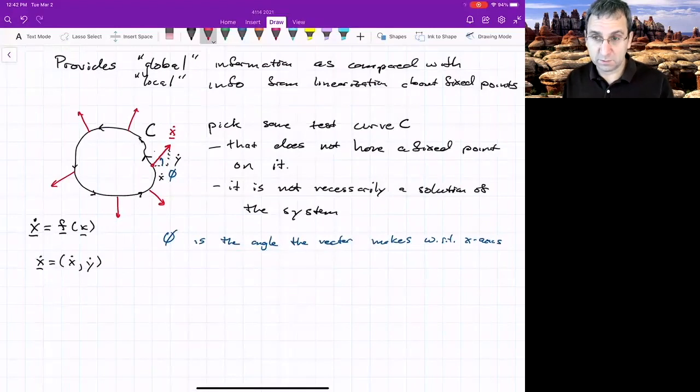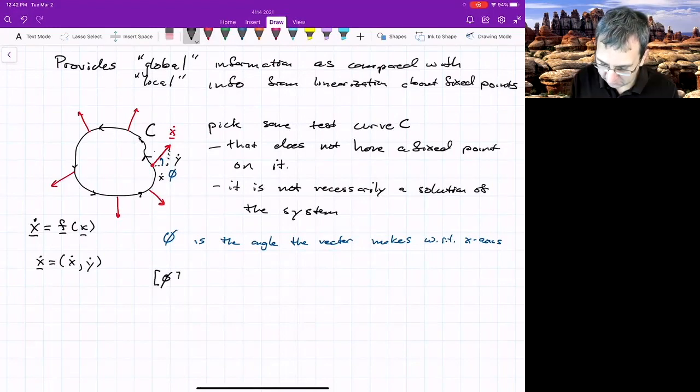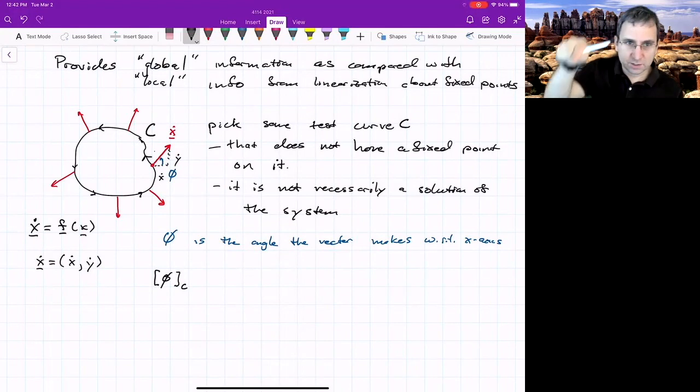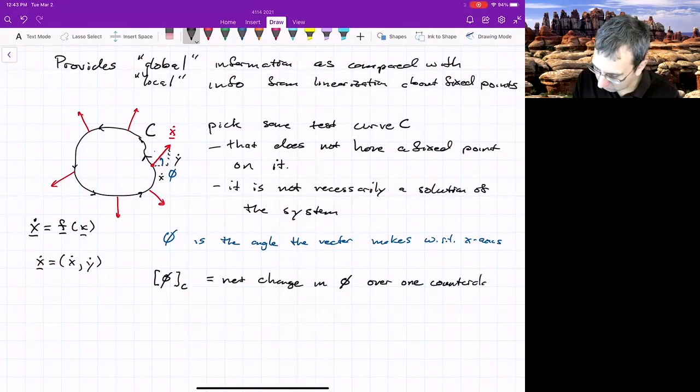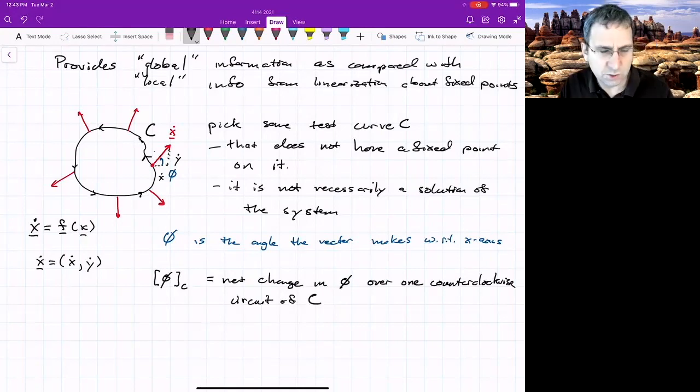So from what I've drawn right here, we could figure out what that is. But let me first write phi with a box around it, C, means it's the net change in that angle over one counterclockwise circuit of C. So this is going to be some integer multiple of 2 pi.